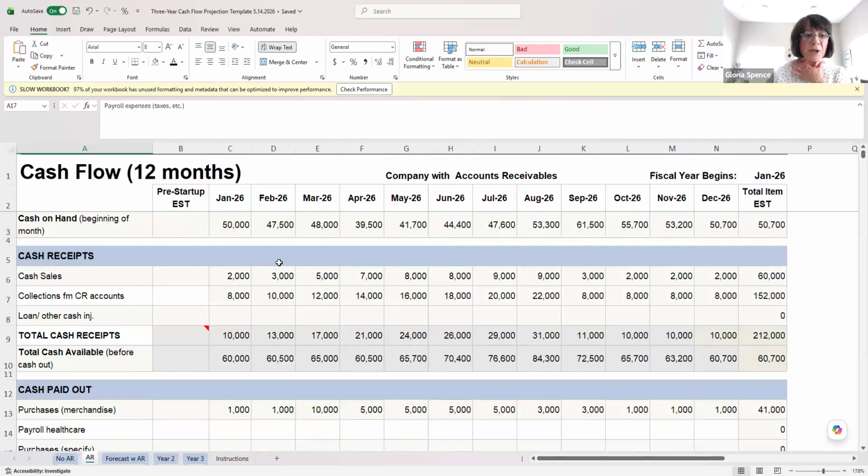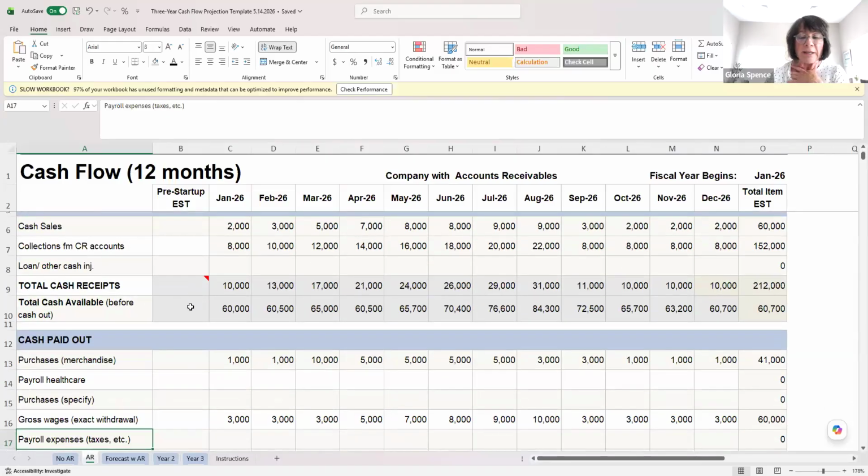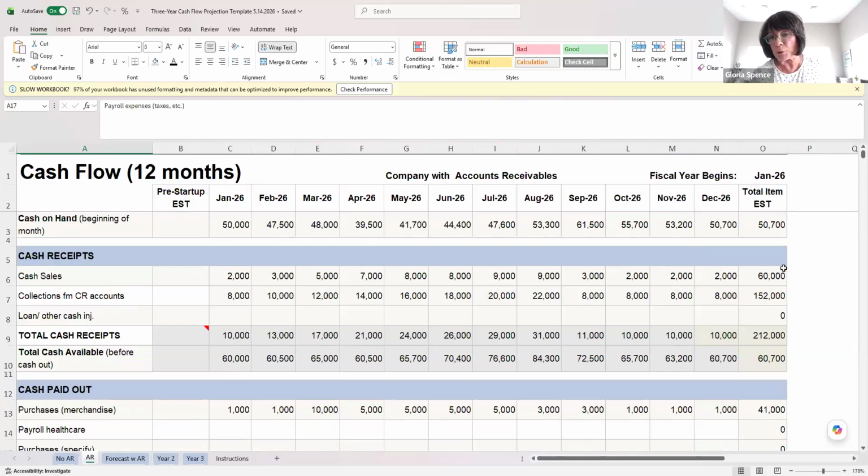Now, let's go back to this one because it's bigger. Here, my cash sales, I'm projecting my cash sales out for the year. And if you have accounts receivable, then you also want to project those out as well. I'm going to get cash in at 60. My projection for the year is cash, and credit is 152.